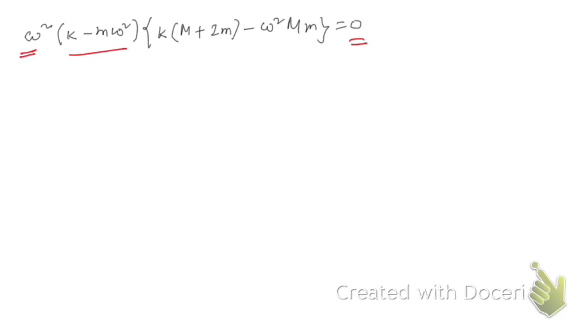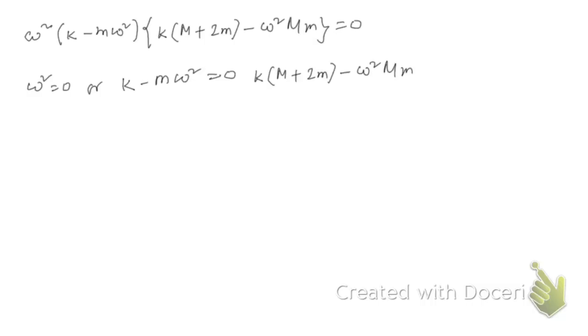Any one of these three must be equal to 0, or all three. So we will get omega square equal to 0, or K minus M omega square equal to 0, or the part within the curly bracket equal to 0.